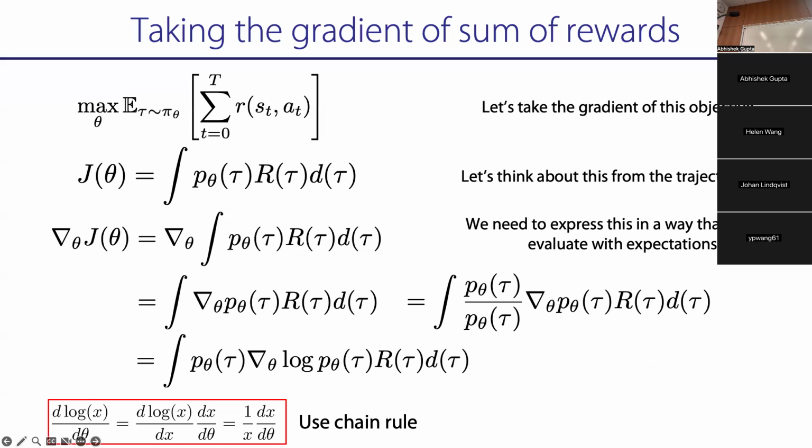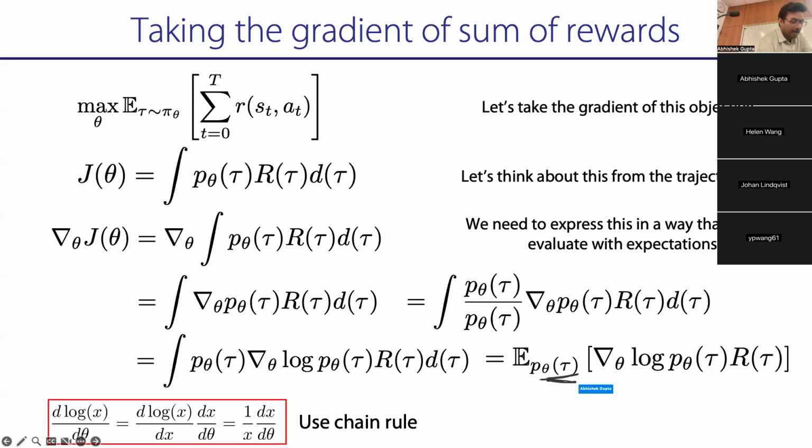So this now looks like an expectation. It's the expectation of grad log p theta tau times r tau with respect to p theta tau, right? So intuitively, I'm going to take samples of trajectories from my trajectory distribution p theta tau. And then for each of them, I'm going to compute grad log p theta tau multiplied by r tau and take the average to get the gradient.